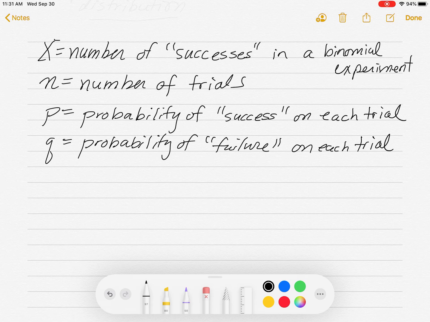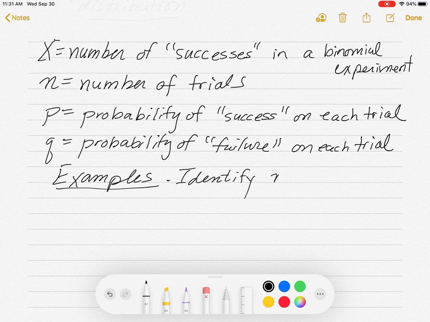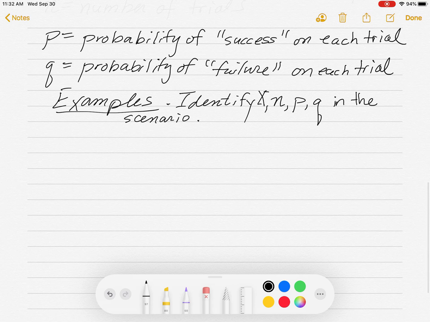Okay. So let's do some examples just to get started. Identify x, n, p, q in the scenario below.